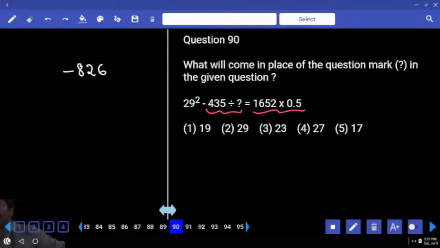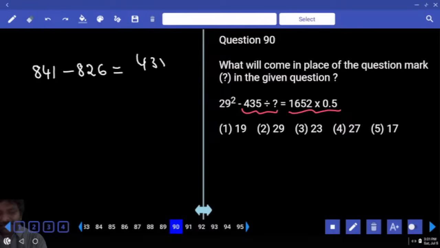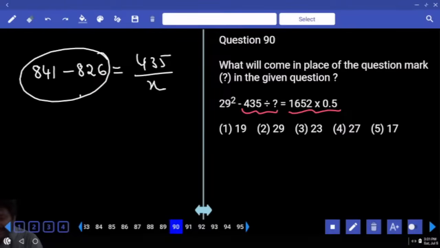Already on the left hand side 29 square is there, which is 841. Is equal to 435 divided by x. Correct? Then x will be, this entire number comes in the denominator. Right.